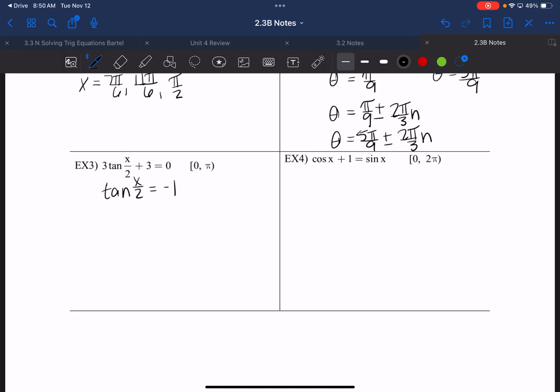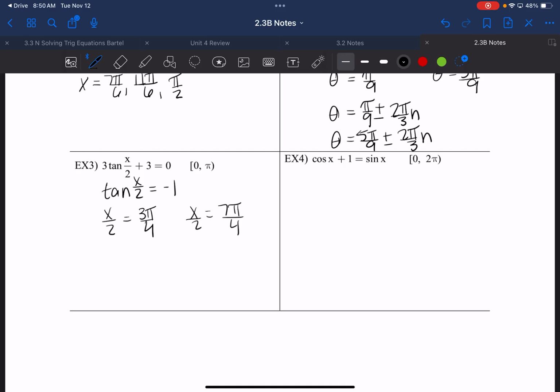So in quadrant 2, 3 pi fourths, and then in quadrant 4 it would be 7 pi fourths. But again, remember, it's x over 2 equals that 3 pi fourths, and x over 2 equals that 7 pi fourths, because it has that extra piece in there with it.